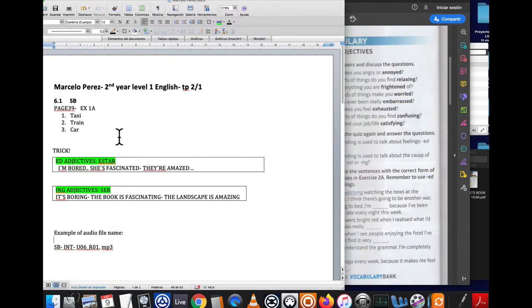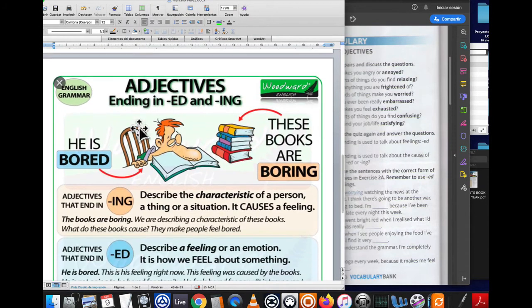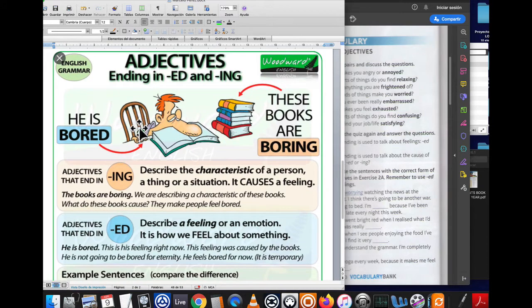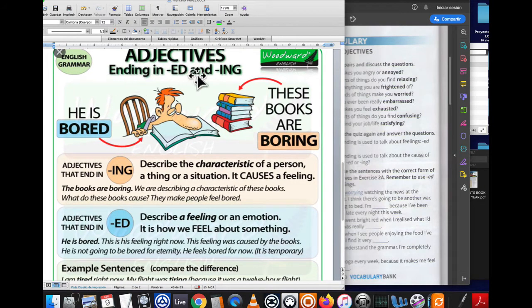Yes, so here I have found a graphic that shows very well adjectives ending in ed, ing. He is bored because these books are boring. I hope that this lesson won't be boring for you. Adjectives that end in ing describe the characteristic of a person or a thing or a situation. It causes a feeling.